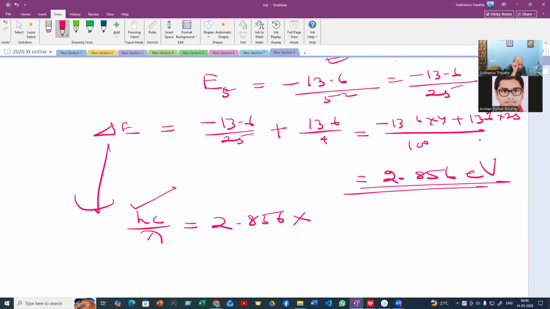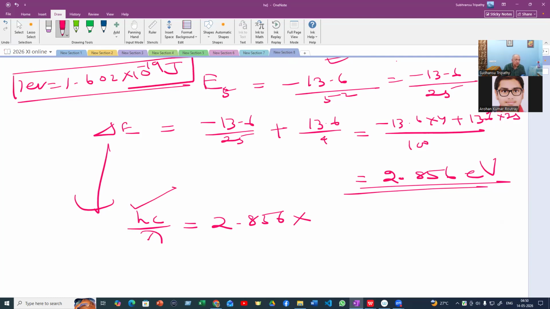So volt into coulomb is equal to joule. So 1 electron volt is 1.602 times 10 to the minus 19 joule.